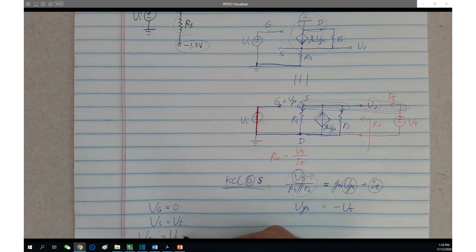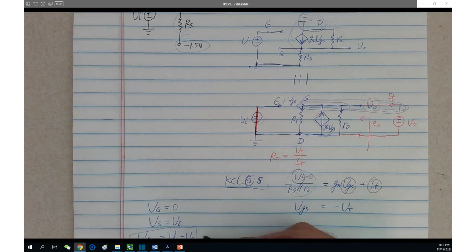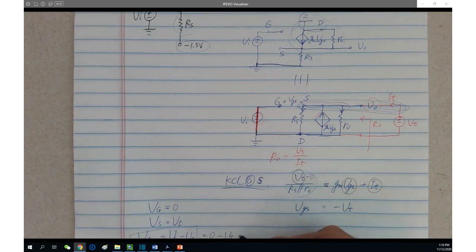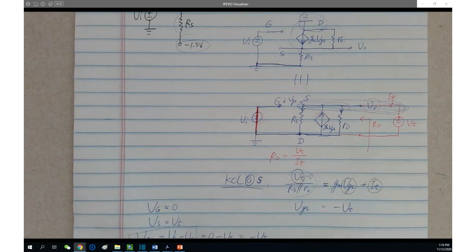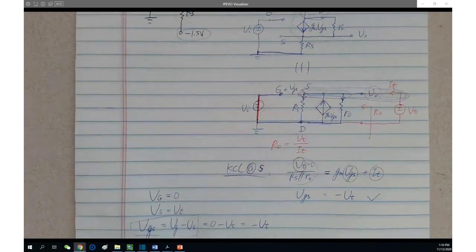Vg minus Vs. Does it make sense? This is the definition of the voltage potential. And then you substitute 0 and Vt in, and then you get this equation. Okay, that makes sense.